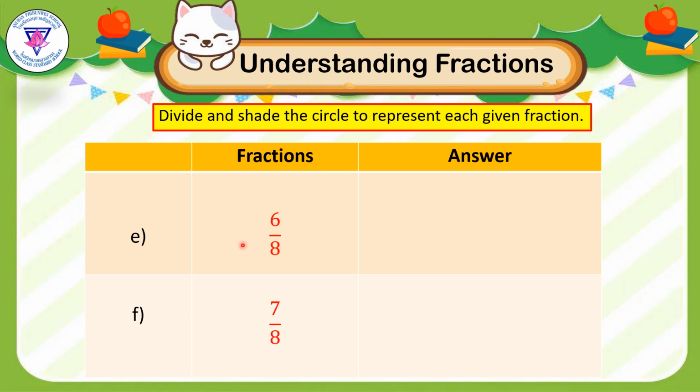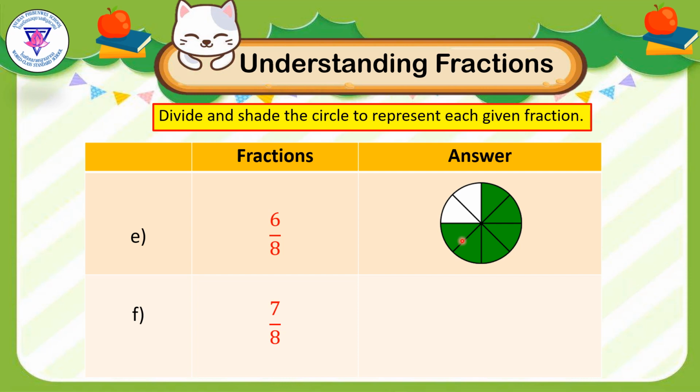Letter E is 6/8 and letter F is 7/8. So how are you going to present 6/8 in the circle? So you need to color only 6 parts out of 8. 1, 2, 3, 4, 5, and 6.